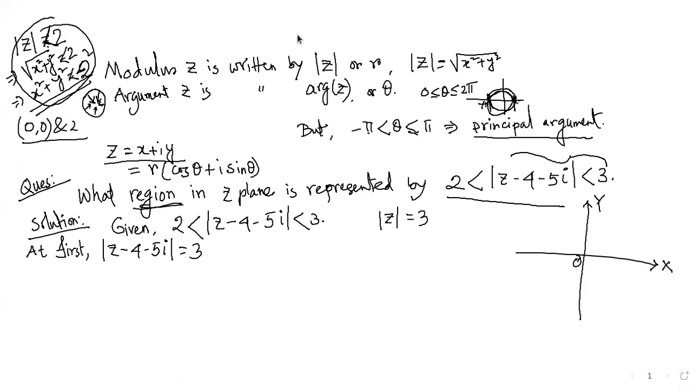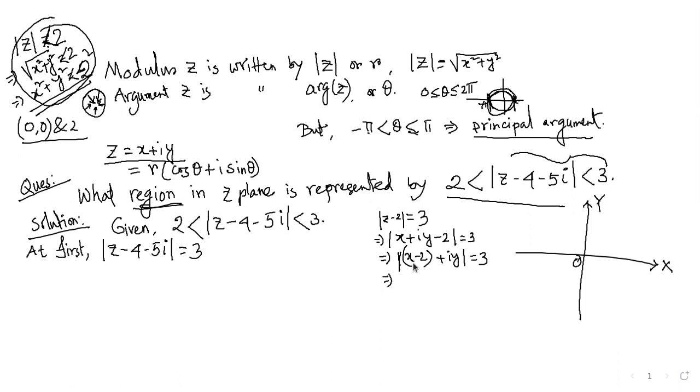Exactly. If we change this z, for example to z minus 2, then we can write x plus iy minus 2 equal to 3, then we can write |(x minus 2) plus iy| equal to 3. It's okay for you? Okay, good. So this is a modulus.